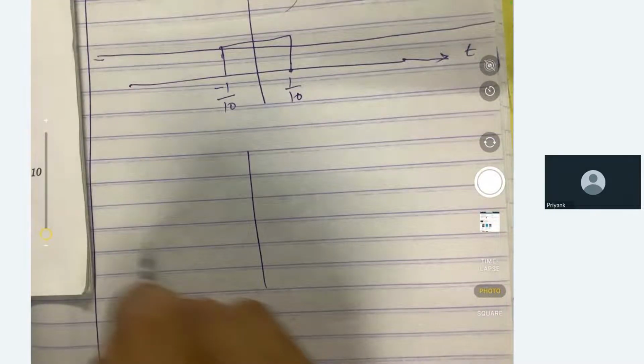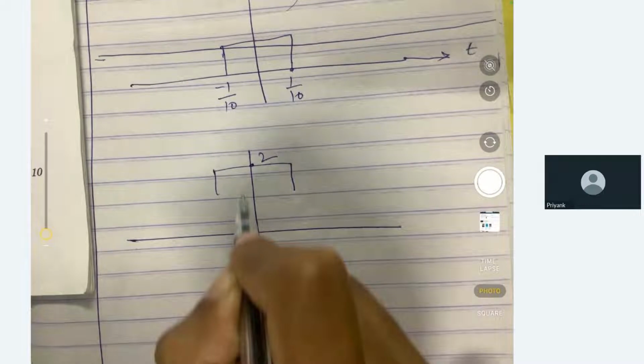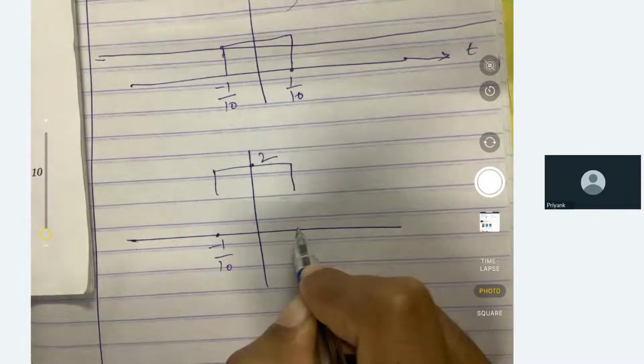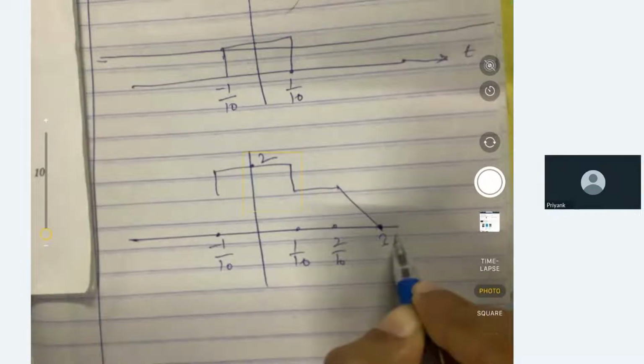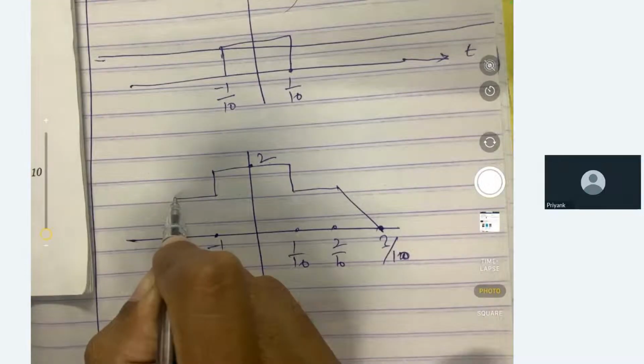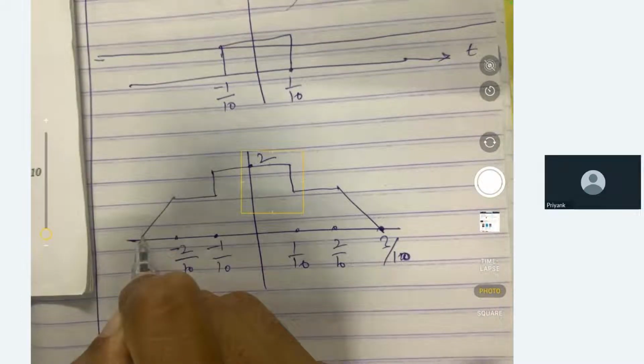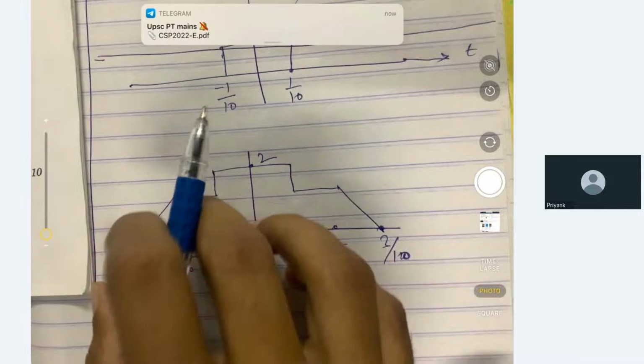Then this is 2 upon 10, this is 3 upon 10. And here also we need to do minus 2 upon 10, and this is minus 3 upon 10. So this will be x(10t).